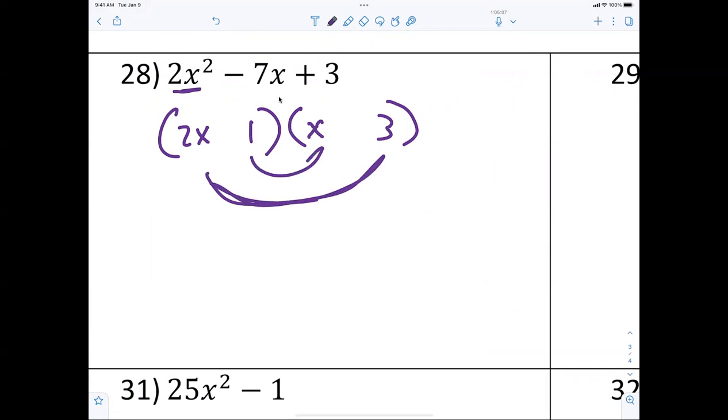How much do we have? 6x and 1x makes 7x, if they're both positive. Max, now's the time, I'm trying to help you. Do you understand that? Yeah. All right, I'm on 31 now.